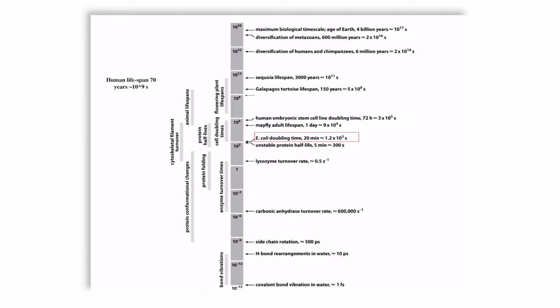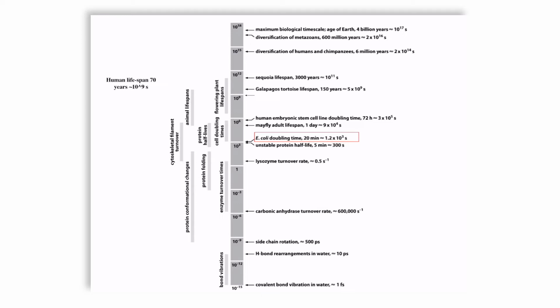Diversification of humans and chimpanzees happened 6 million years ago. That's 10 to the power 14. Sequoia is a giant tree found in Western California in Northern America. It's 10 to the power 11. Galapagos tortoise has 10 to the power 9. Human embryonic stem cell has doubling time of 10 to the power 5 seconds.